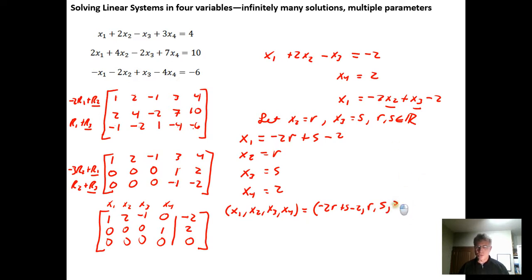My s's and 2's are not so good. And there's the solution to this system of equations. Infinitely many solutions, because there are infinitely many combinations of r and s that you can select from the real numbers, and all of them are solutions.